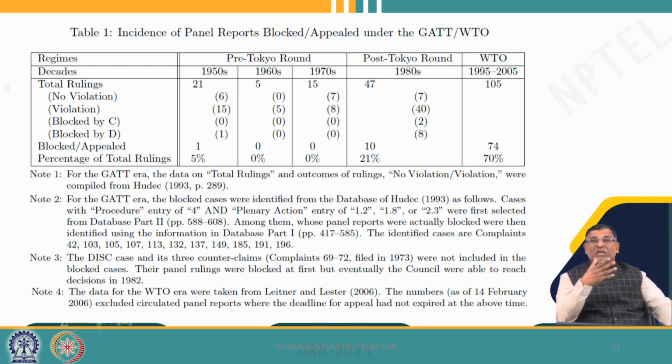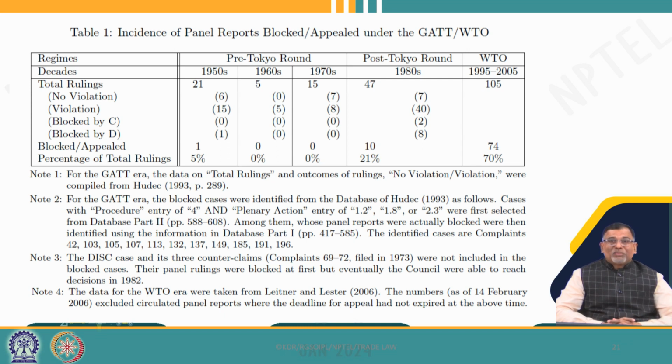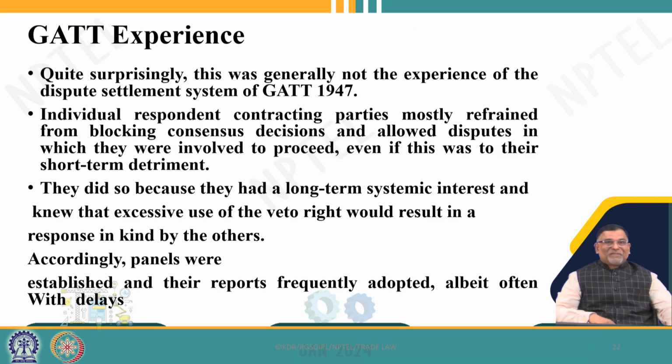There are reasons, because there are individual agreements which provide for dispute settlement: the anti-dumping code, which provides for dispute settlement in the agreement itself, and the customs valuation code, which has a dispute settlement provision within it. So, the disputes increased. So, I want to say that our perception, all the literature which says that this positive consensus made a stumbling block to the GATT dispute settlement system, is not true. That is my argument based on this particular data.